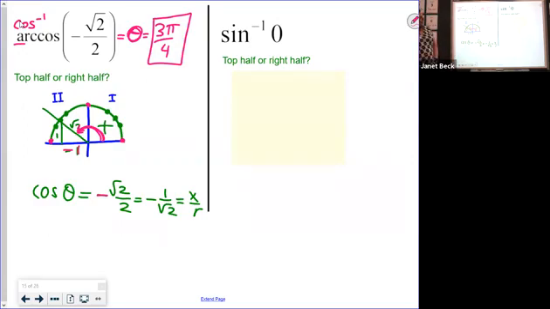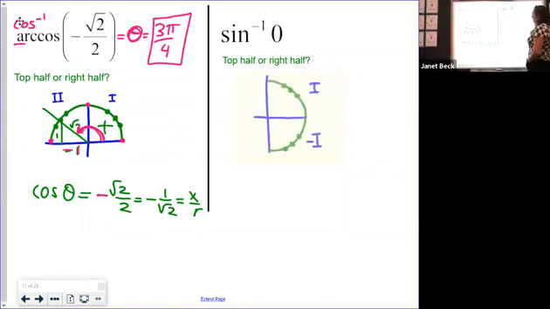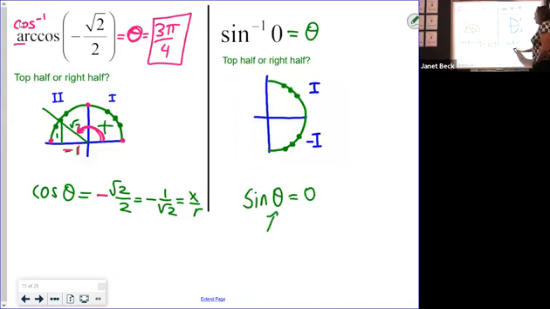Let's have a look at the inverse sine of 0. Inverse sine is somewhere in the right half. I'm looking for an angle whose sine is 0. Sine of my angle equals 0. That's the angle.